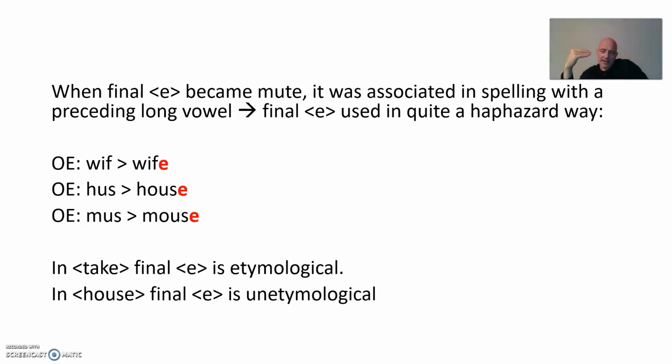So, to sum this up, in take, the E is etymological. It was pronounced once. In house, final E is unetymological. It's never been pronounced. It's just put there as a sign of length.